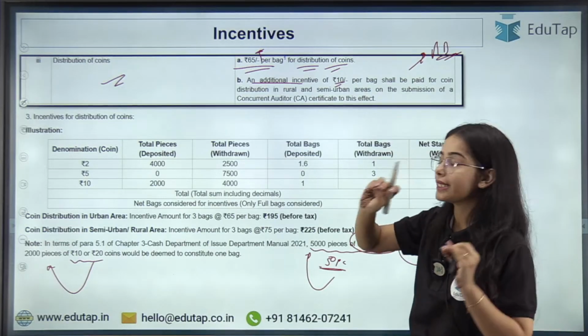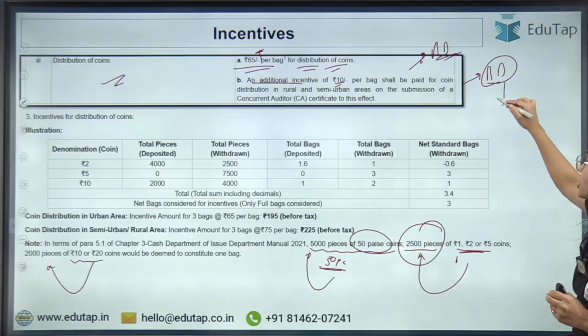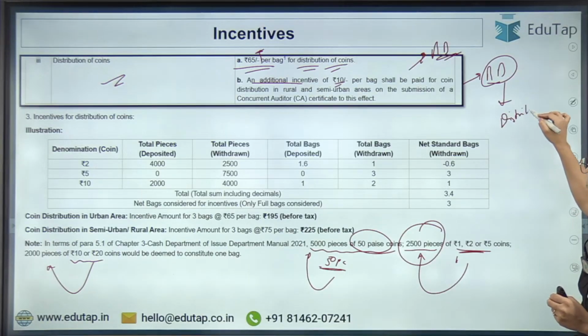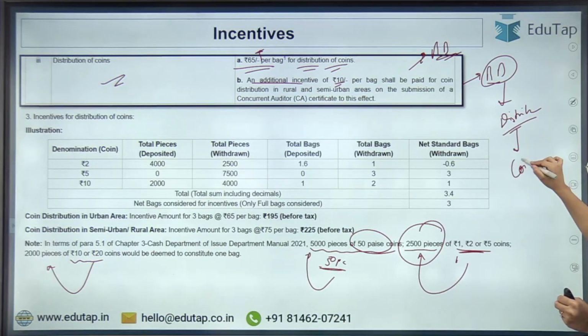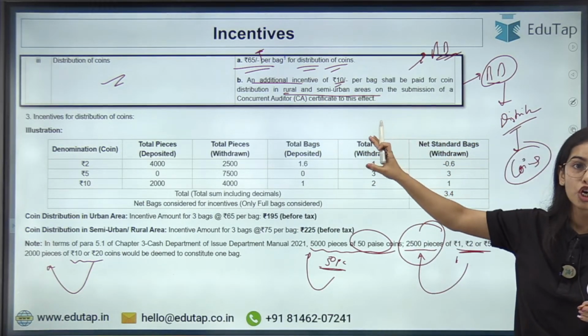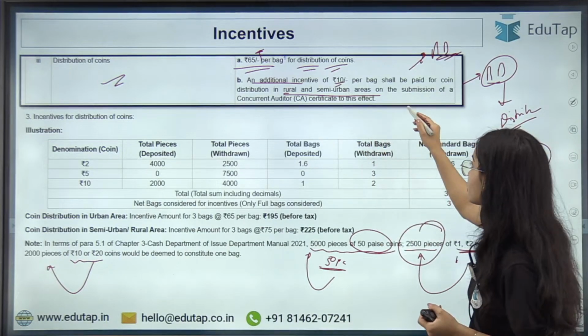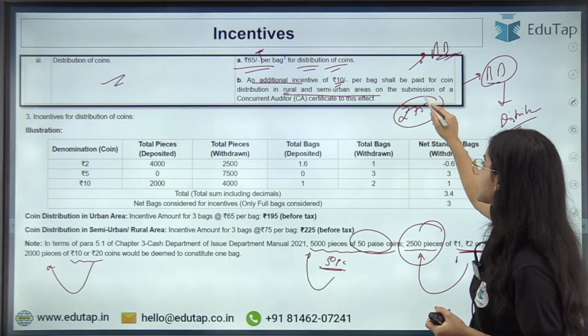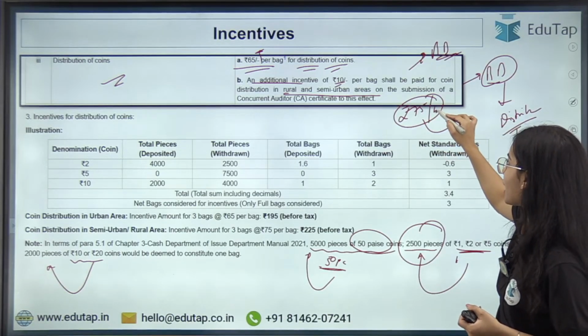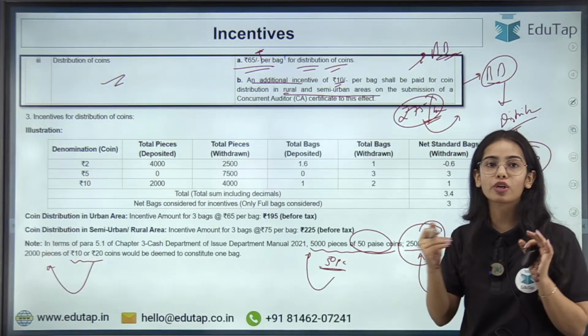But let's say that a bank branch is distributing the coins in the rural area or in the semi-urban areas. So in this case, an additional incentive of rupees 10 is given. That means in total, rupees 75 is the incentive that is given per bag of the coin that is distributed in the rural or semi-urban area.